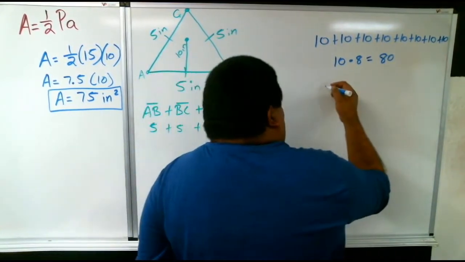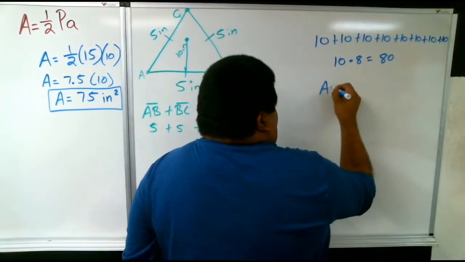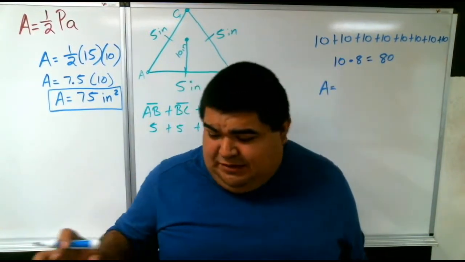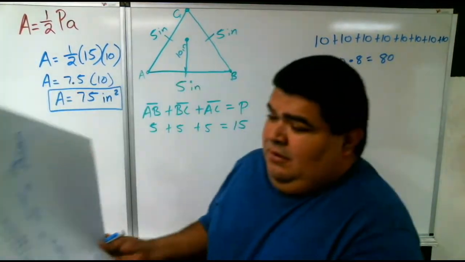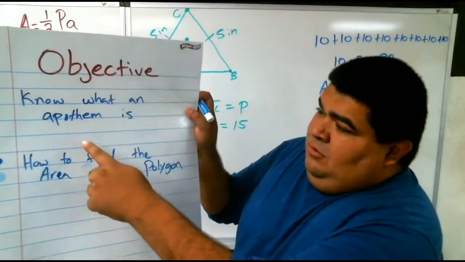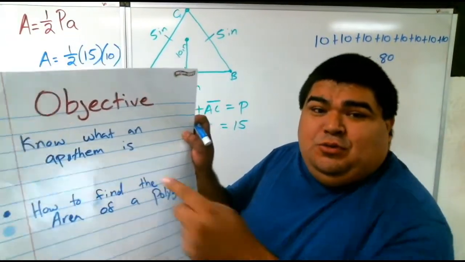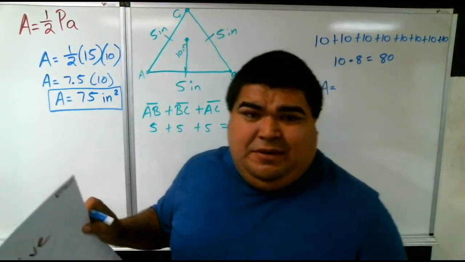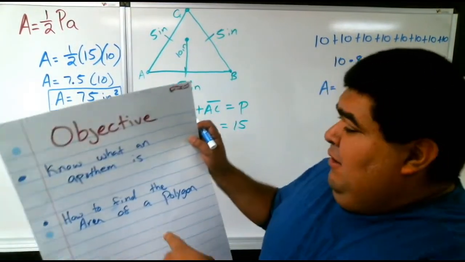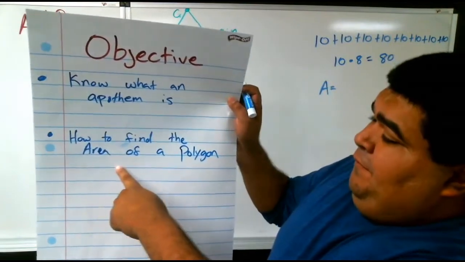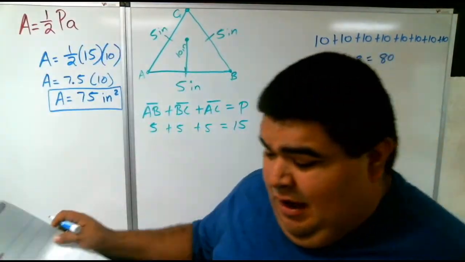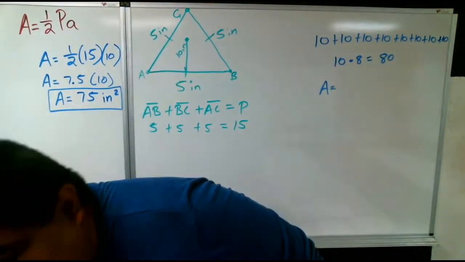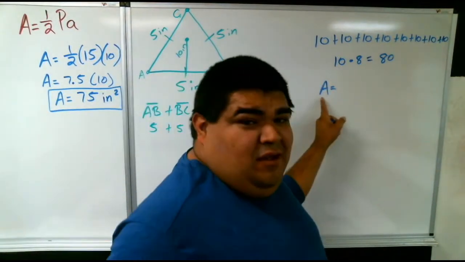Since we already found the perimeter, remember, our objective for today is to first of all know what an apothem is, which we do: center to edge, a line, on a regular polygon. And then we also have to find the area of that polygon. So that's what we're trying to do right now. We're trying to find the area.